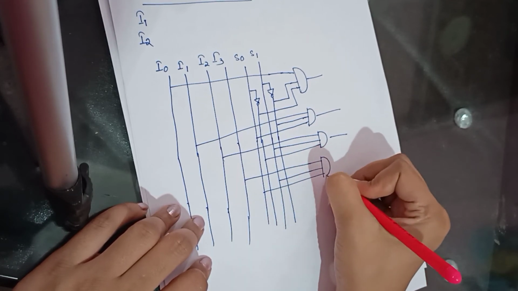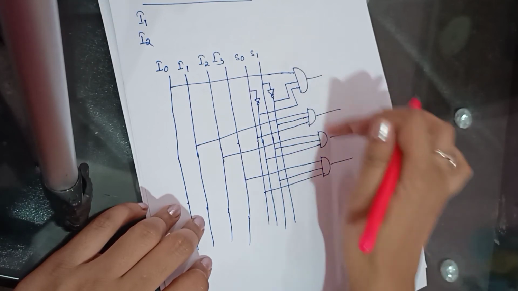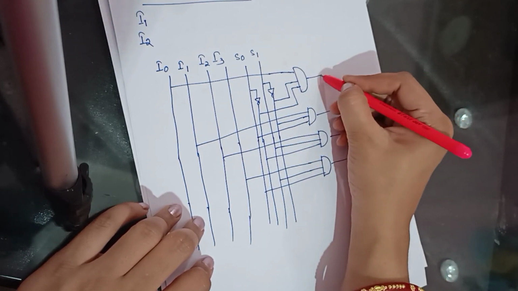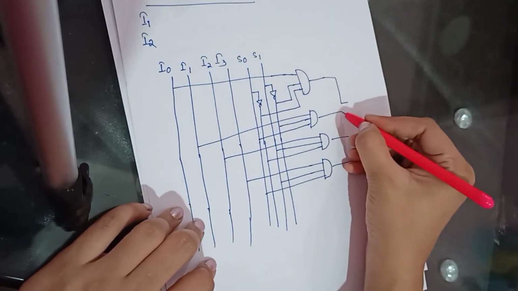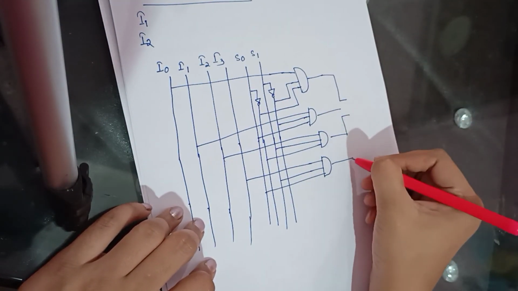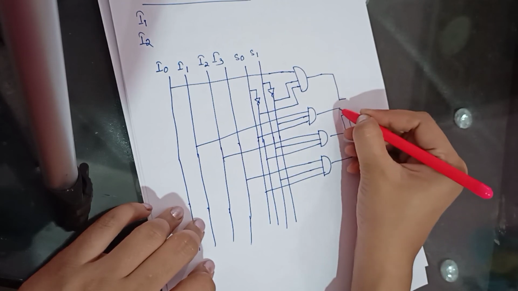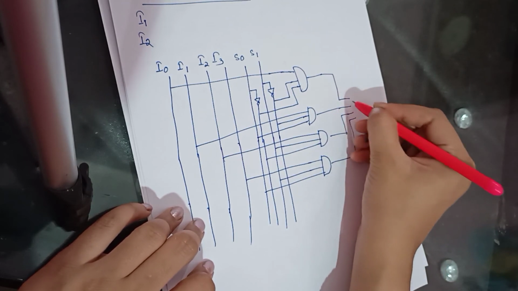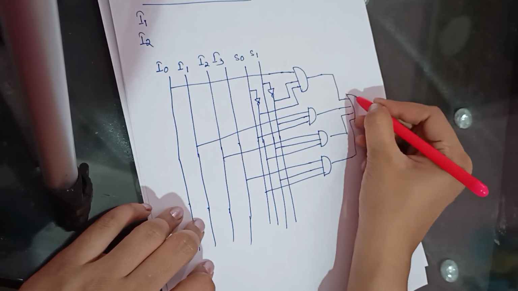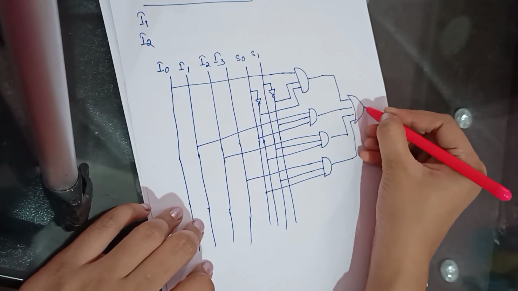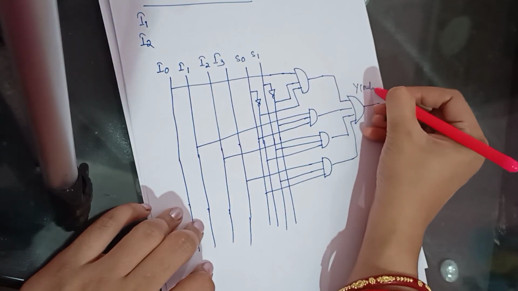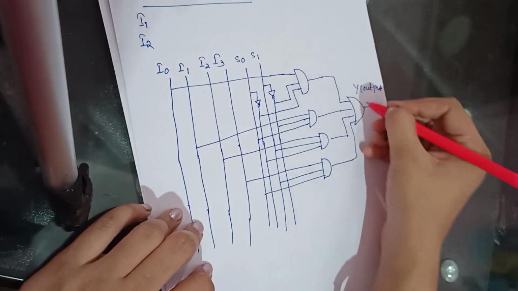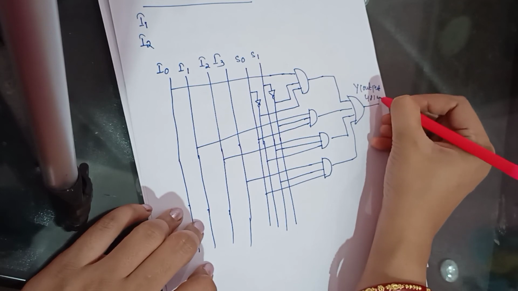Clear? Then these four are connected with your OR gate because addition is there and addition is always an OR gate. This is your Y output of the 4:1 MUX.